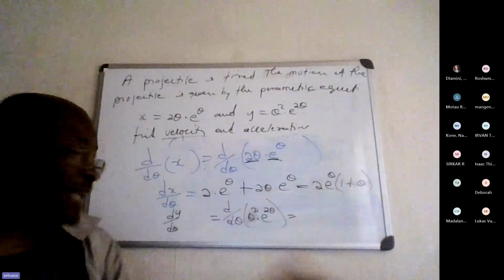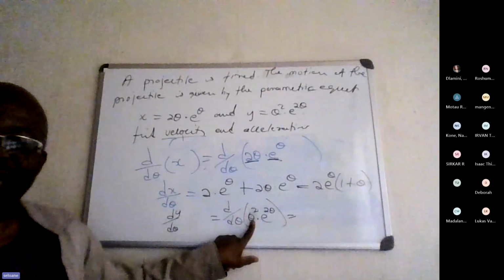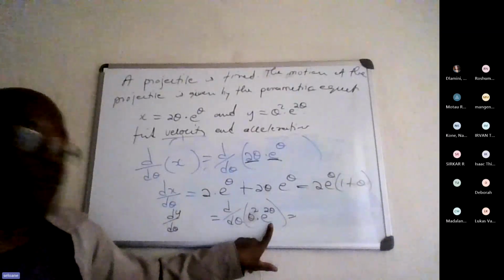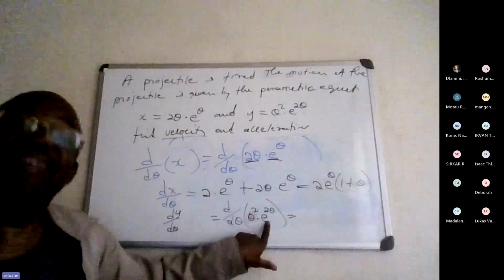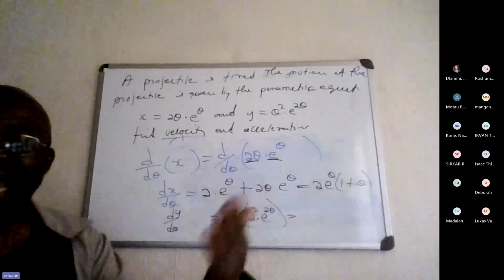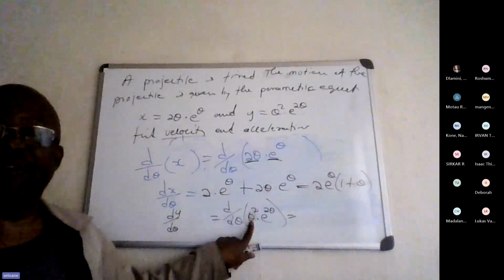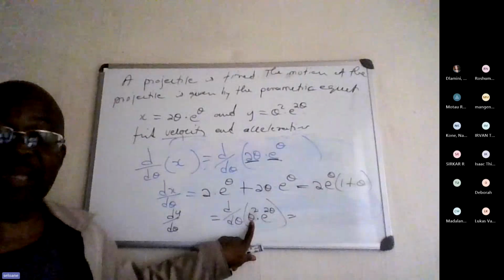But remember this, the order here is not important. You can start by differentiating the first one and fixing the second one, or you can start by fixing the first one and multiplying it by the derivative of the second one. The order is not important, unlike the quotient rule. So here it will be the derivative of this, because this one is a power.